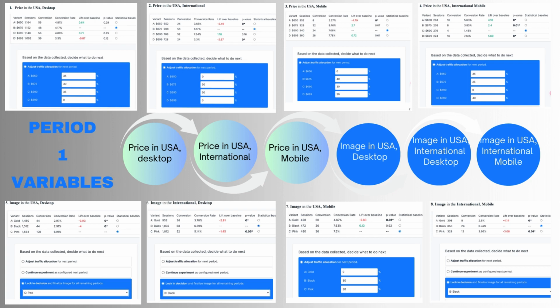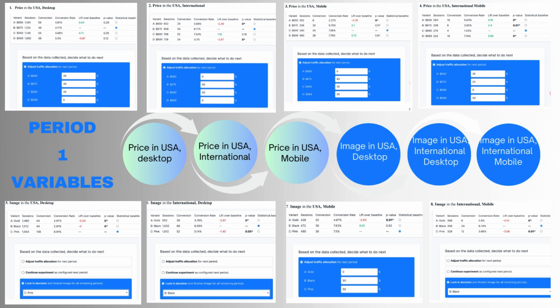For the first period, we looked at the price in the US on desktop, also international, also on the mobile phone. We made some changes based on the data collected.